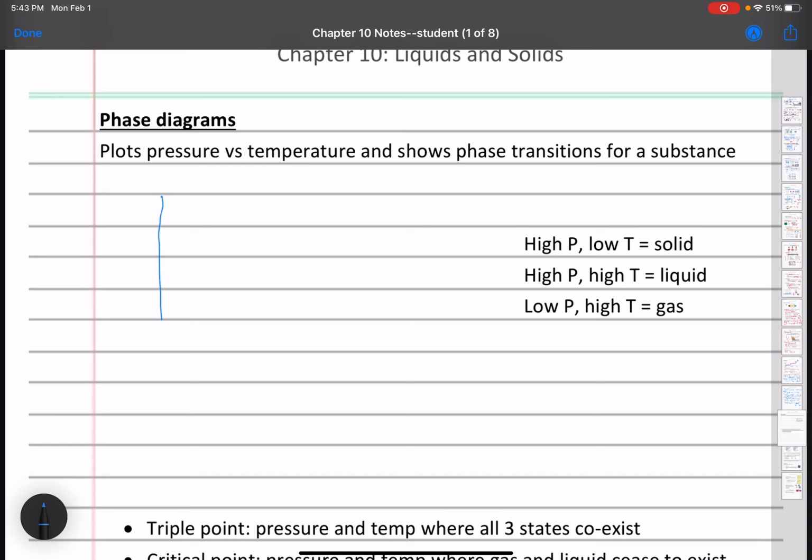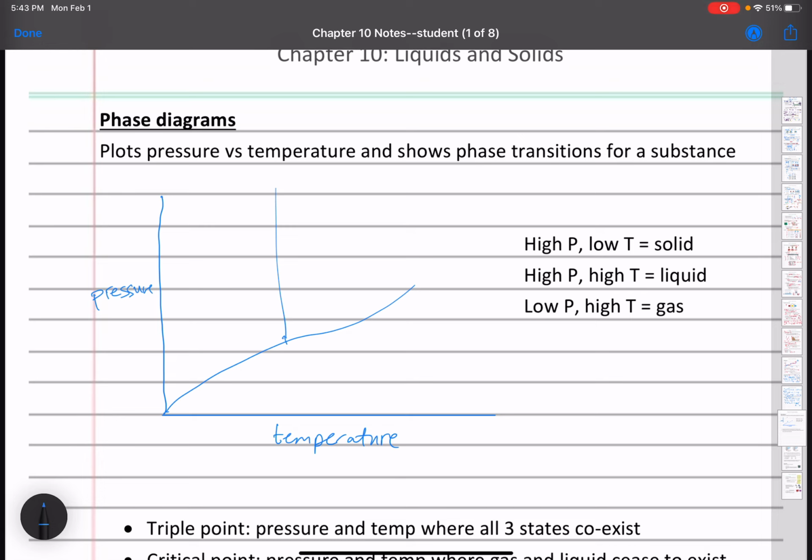And for every substance, we can create something called a phase diagram. A phase diagram is a plot of pressure versus temperature, and shows you where things exist at different states. So typically they look something like this.